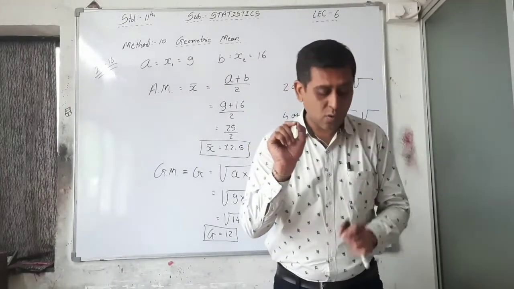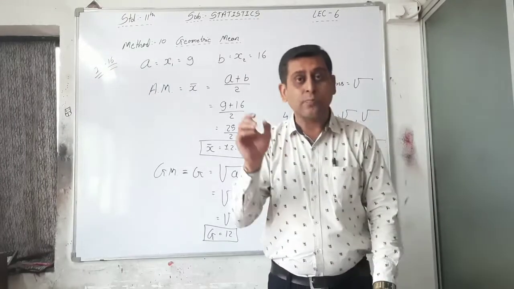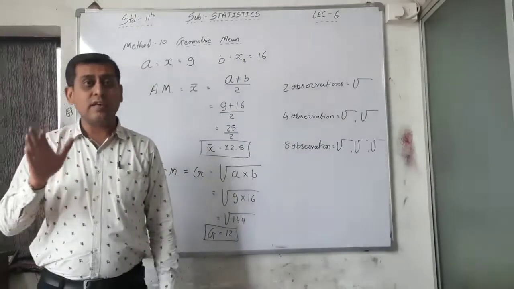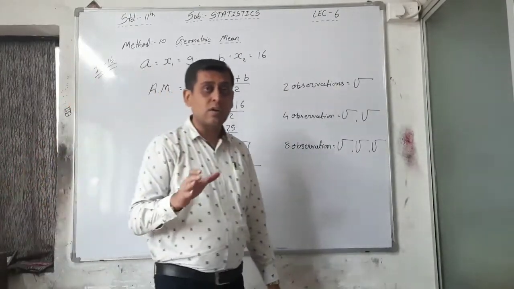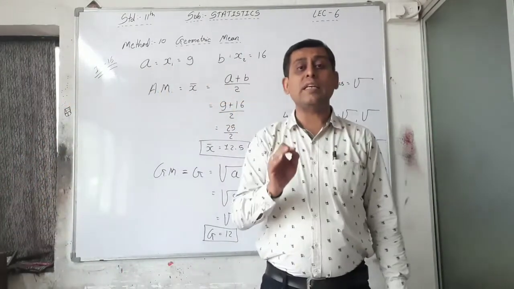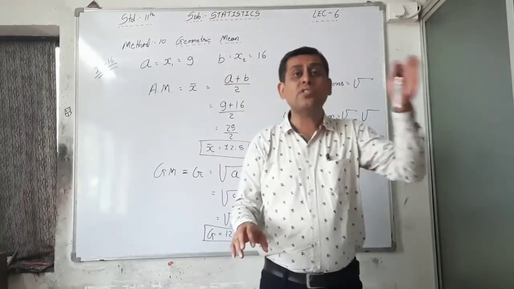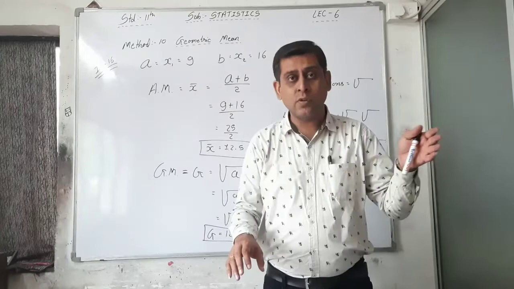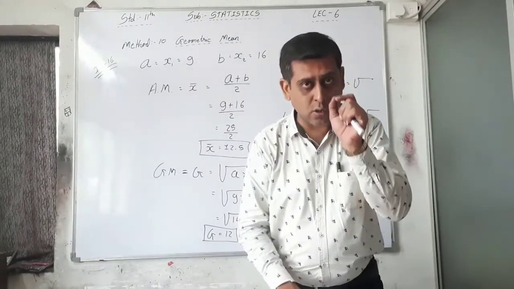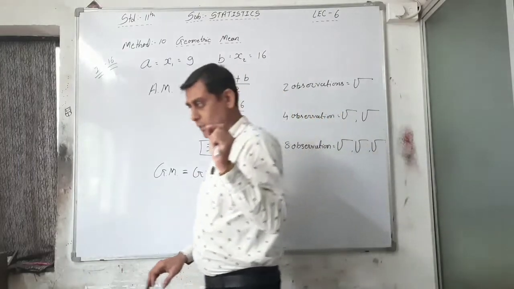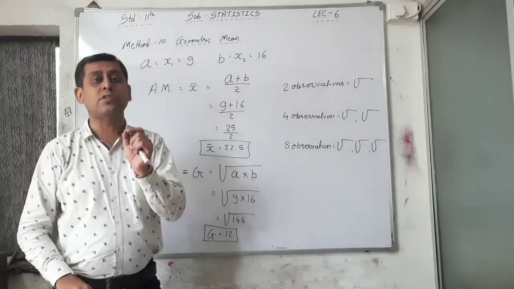Underline that particular word, depreciates. That means the machine's value will decrease each and every year. The word depreciated means decrease, and the word appreciated means increase. So you have to concentrate only on the word, here the value of the machines is depreciated.